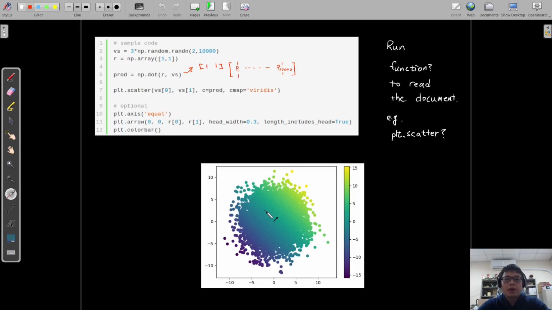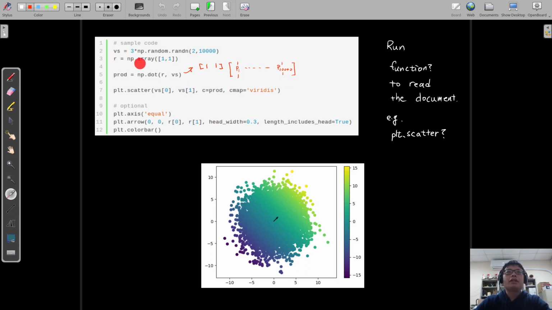Now let's look at some code. In this code, we will generate several points, and the way to generate them is to generate a matrix. We have a 2 by 10,000 matrix, and each entry will give you a number very close to 0.